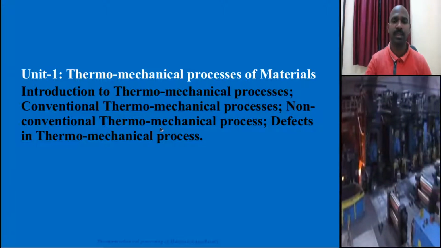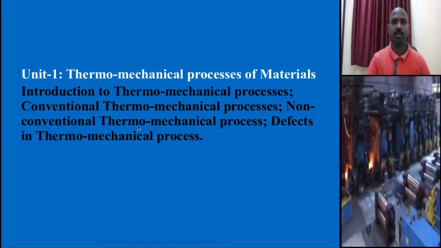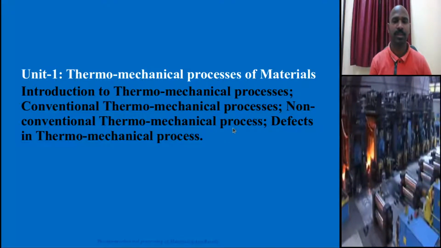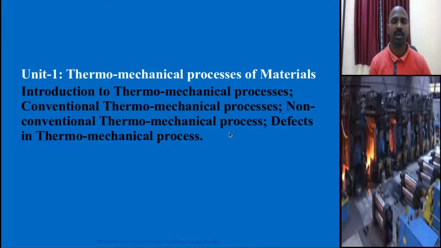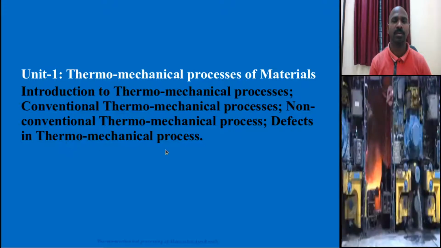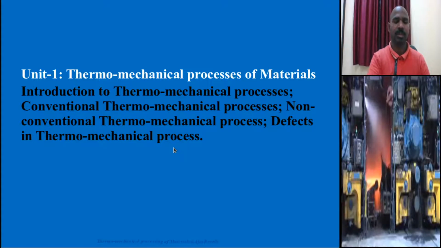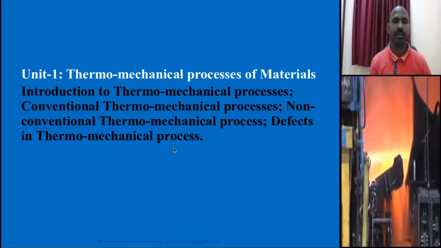It also covers non-conventional thermomechanical processes, such as friction stir welding and multi-axial rolling, not in one direction, where it can also be reversed. It also covers the defects that come out during the thermomechanical process, such as cracks or an oxide layer formed over the product. How to recover from those defects will be discussed in this chapter 1.